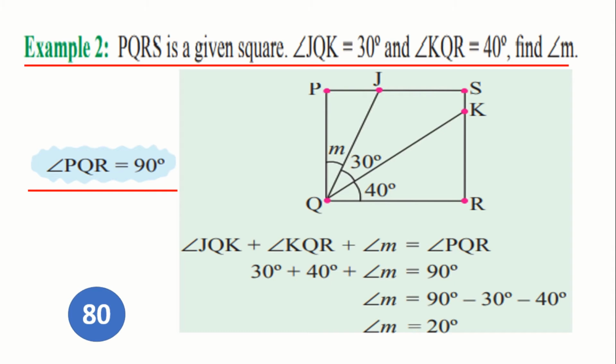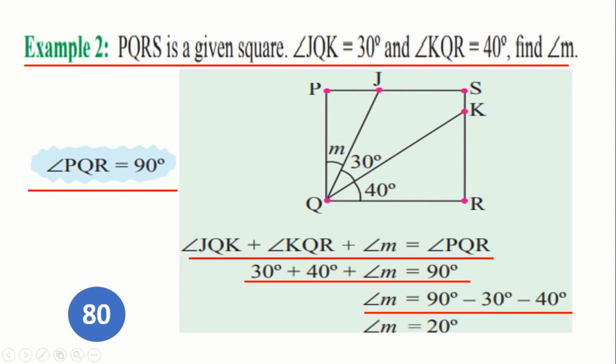To find angle M, you add 30 plus 40, then subtract from 90, or you do 90 minus 30 and then minus 40, the same answer. Angle M is equal to 20.